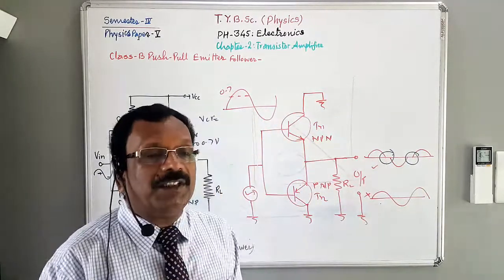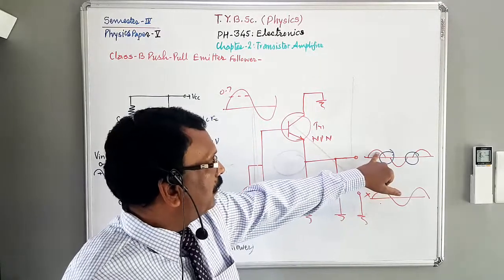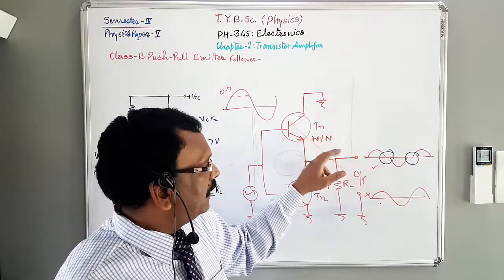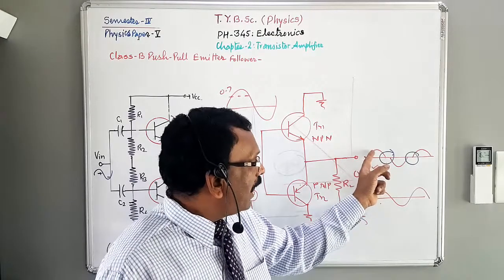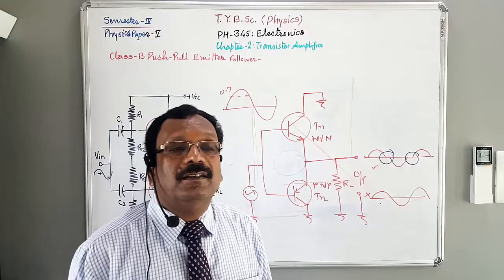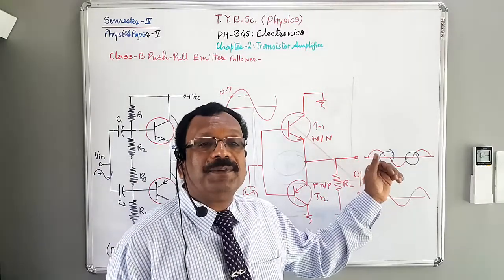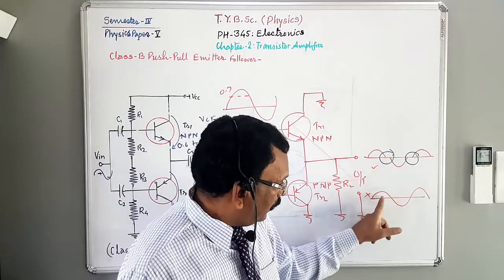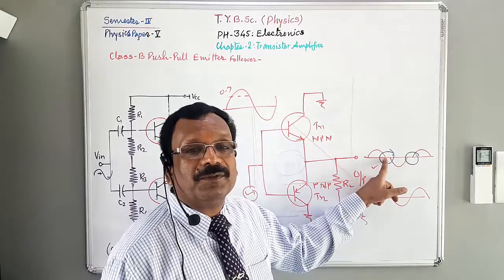This is the distortion. This is the output of the first transistor and this is the output of the second transistor. Due to clipping between the half cycles, the output is distorted. The output should look like this, but here distortion is produced.